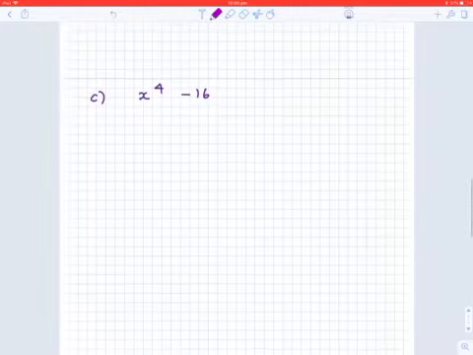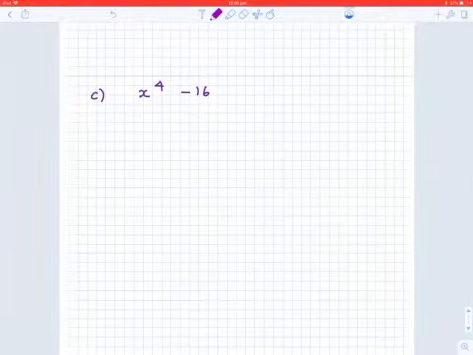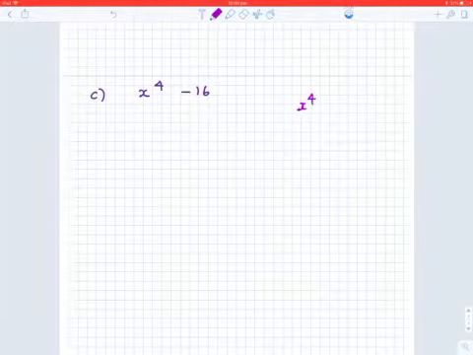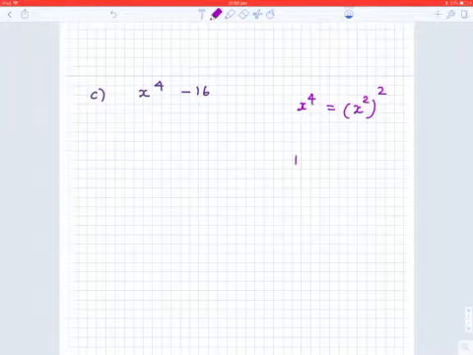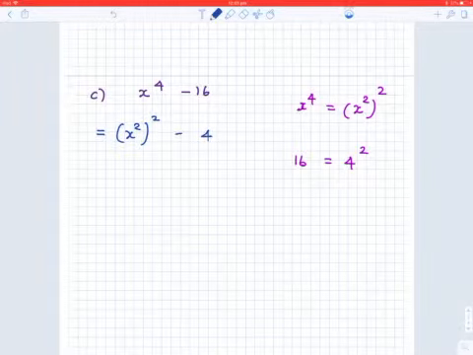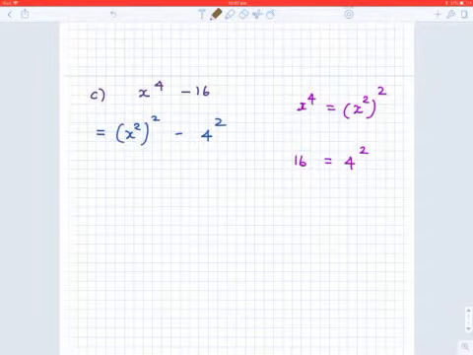Okay, now we have one more. Again the question says factorize completely, but this time I have x power 4 minus 16. So x power 4 can be written as x square squared, and 16 can be written as 4 squared. So therefore the question can be written as x square to the power 2 minus 4 to the power 2.